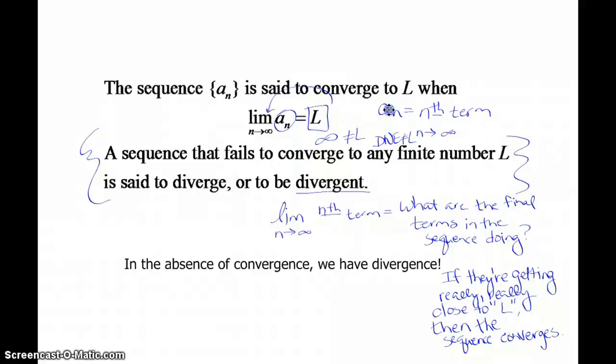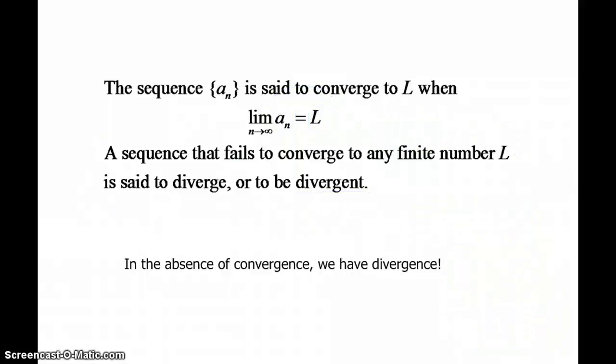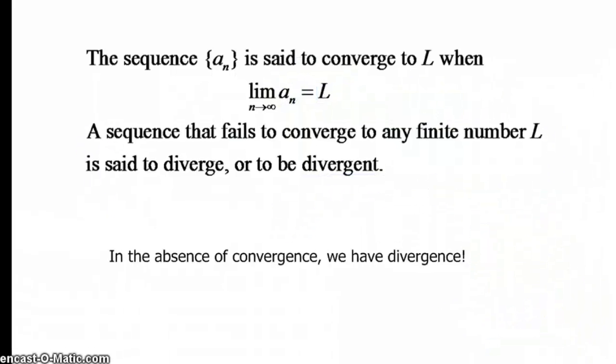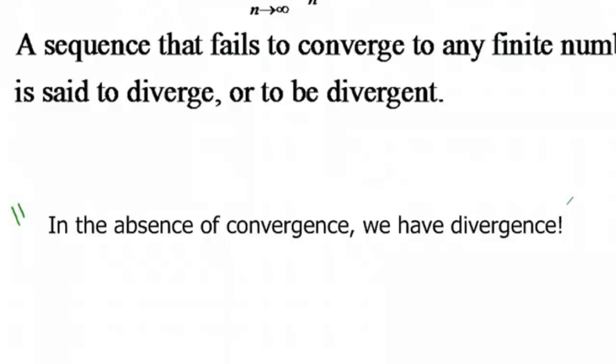So this is an important idea that we will carry on into series, so make sure this is in your notes with some highlights around it, because this is true for sequences, but we find out it's true for series as well. We do test, here we're doing the limit as n approaches infinity, on our sequences, and we'll find we do the same thing on our series, to test for convergence.